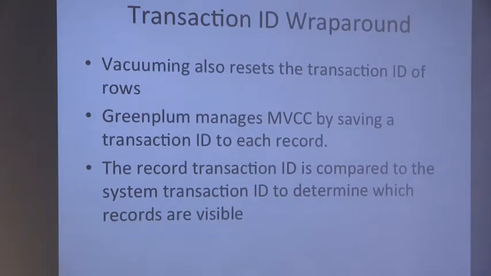Every record in Greenplum has a hidden system column that records the transaction ID of the transaction that either created or deleted that record. And when you run a query against that table, the database takes a look at all the transaction IDs in the records and then compares them to the system's transaction ID. That's the way it figures out which records are visible.